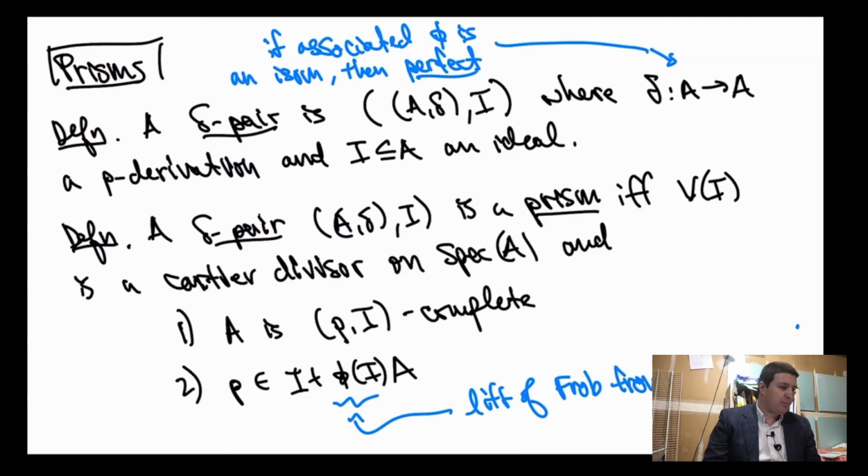So a perfect prism is one of these things which has this completeness condition and this condition on the ideal, and then it's perfect if phi is an isomorphism.